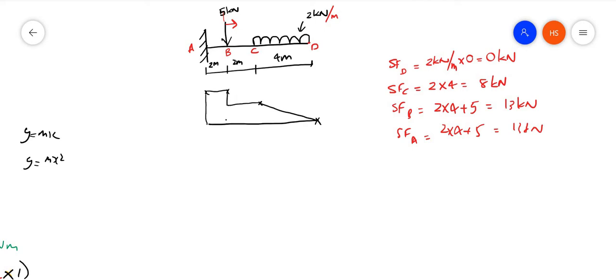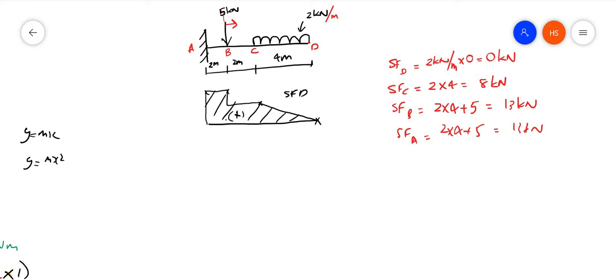So here it is linear, here it's a constant line, because for a region of UDL it will be linear, and for a constant load it will be a constant line only. So this is our shear force diagram, SFD. Okay, I'm just hatching the portion also.